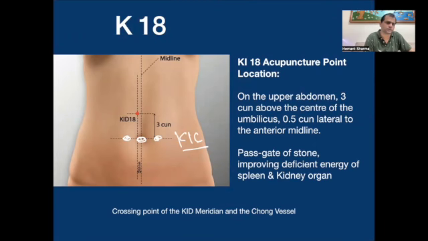Generally all the points of the kidney meridian are having one chun gap. But here from kidney 16, हम किडनी 16 से दो चुन ऊपर जाते हैं तो किडनी 17 मिलता है और फिर वन चुन ऊपर जाते हैं तो किडनी 18 मिलता है. उसके बाद सारे पॉइंट एक एक चुन पर हैं. All the points of the kidney meridian are generally one chun up.